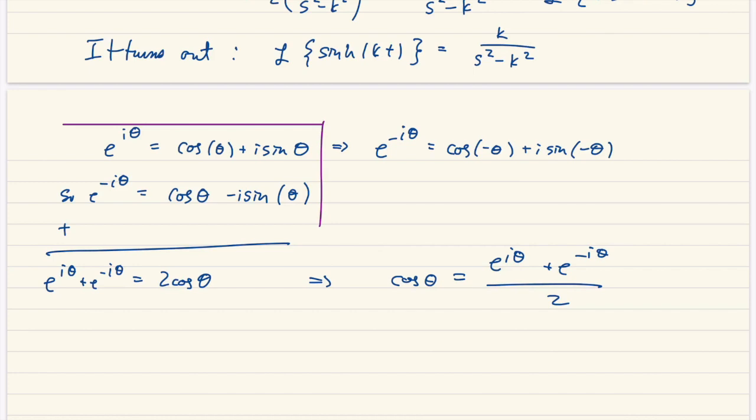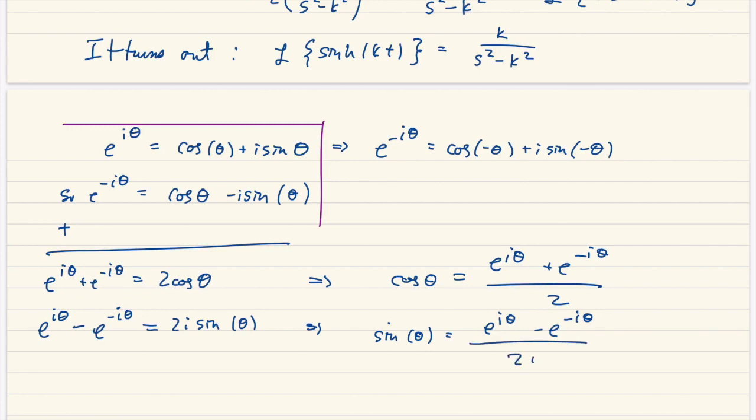And if you were to subtract these two terms, you would see that e to the I theta minus e to the negative I theta, here the cosine terms will go away and you get I sine theta minus a negative I sine theta, which will give you 2I sine theta. So that sine of theta would be equal to e to the I theta minus e to the negative I theta over 2I.